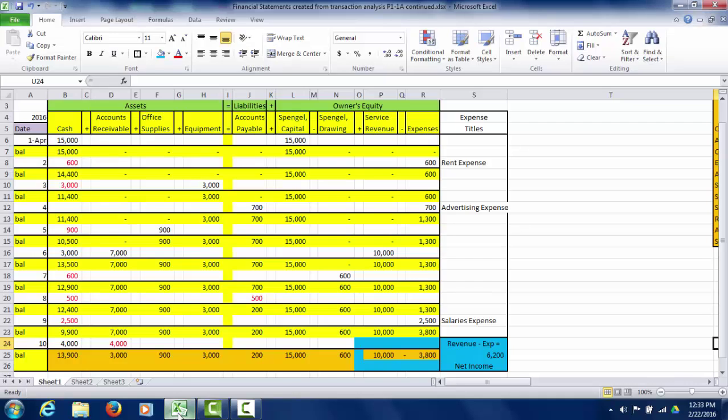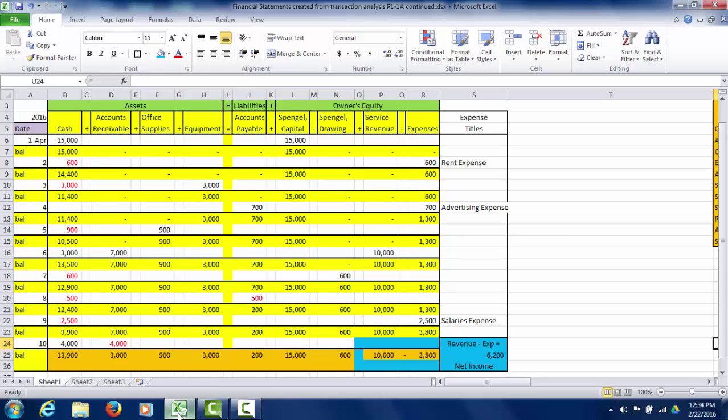Today what we're going to be doing is the financial statements that are required off of this transaction analysis demo that we recently did. And I have up on the screen a summary of the transaction analysis. As you can see, we had cash ending with 13.9 at the bottom of the screen.